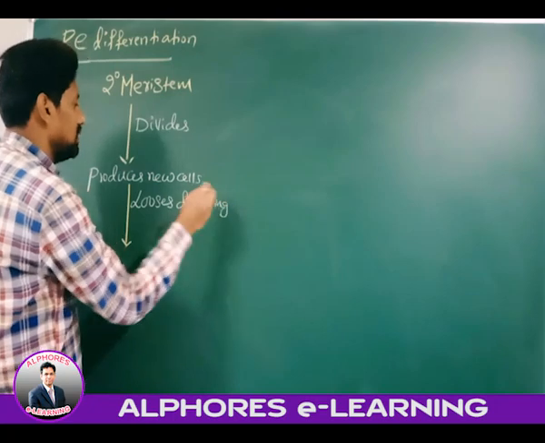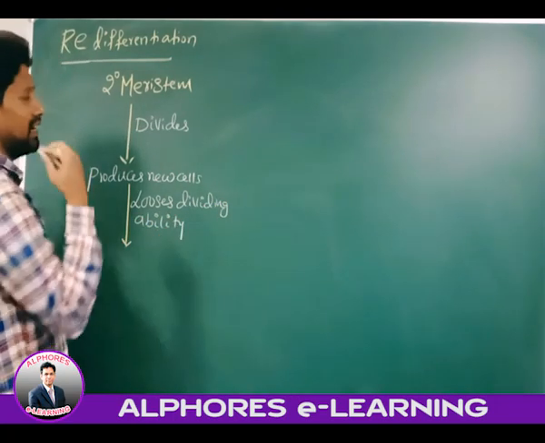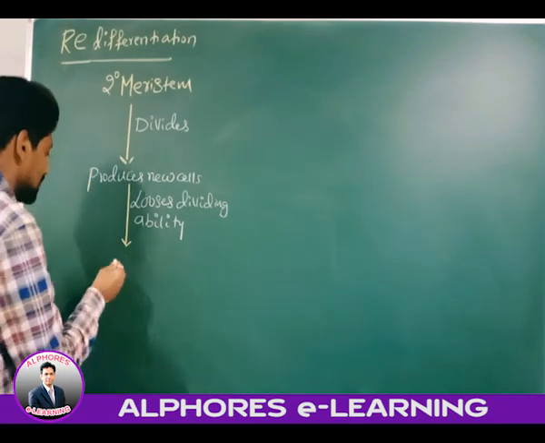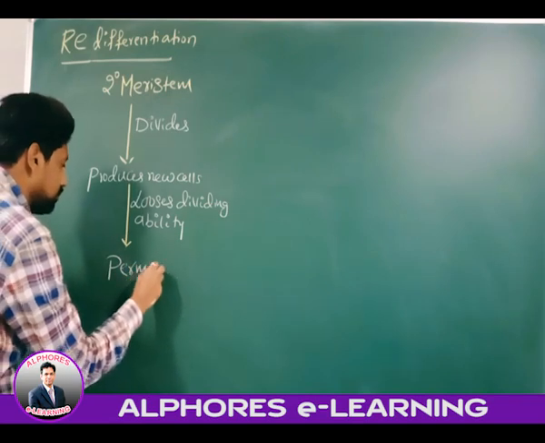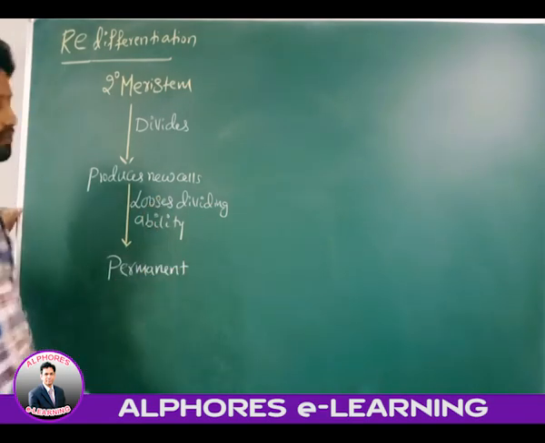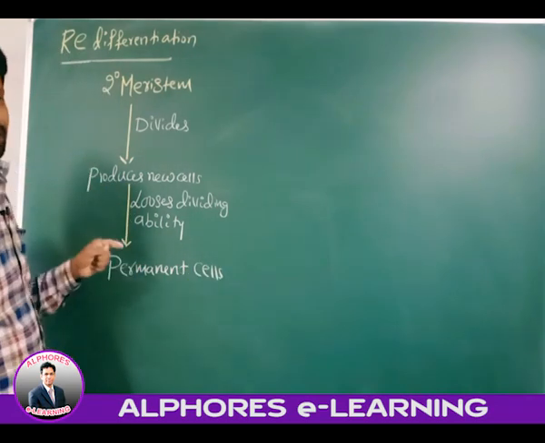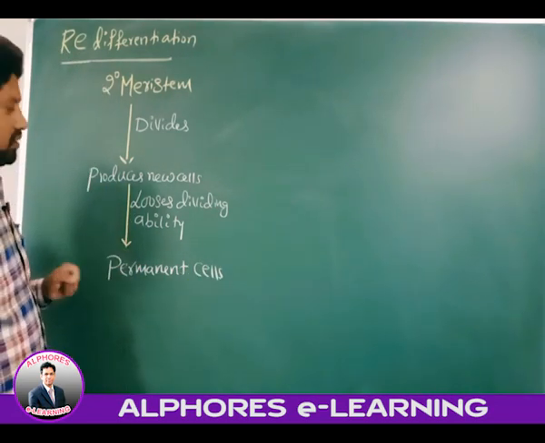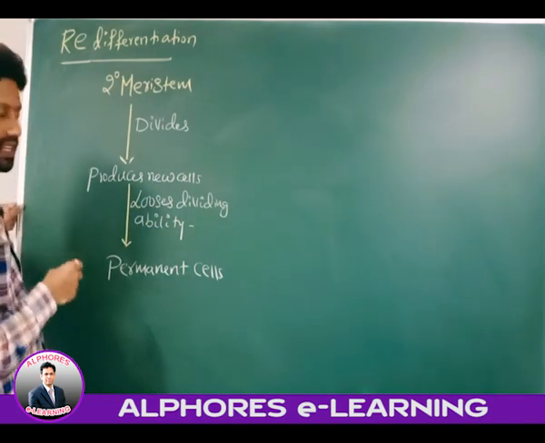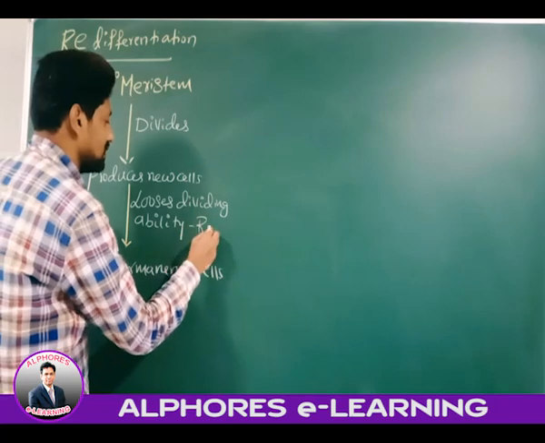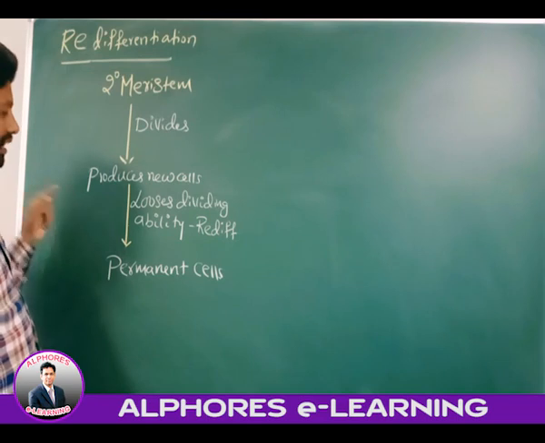Sir, if they lose dividing ability, they become permanent tissues. Yes or no? They become permanent cells or permanent tissues. Sir, this process is called redifferentiation process.